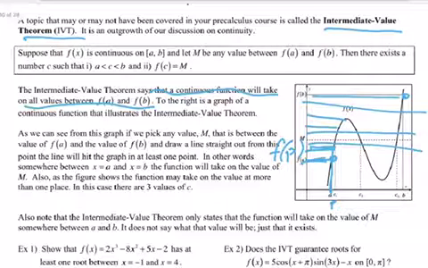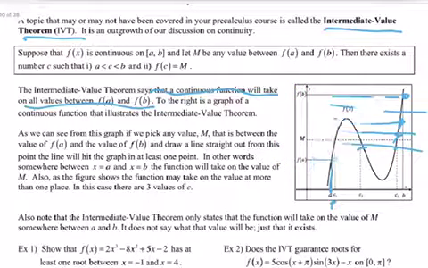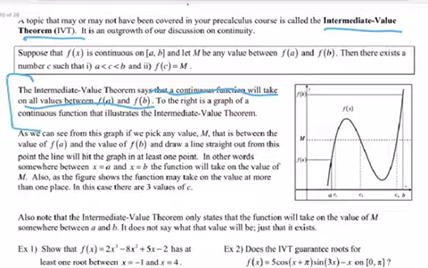Any point you take between f(a) and f(b), you have a corresponding value on the graph. It doesn't matter. So that's the first part. Let me erase this so you can see the graph again. That's all that sentence is stating.